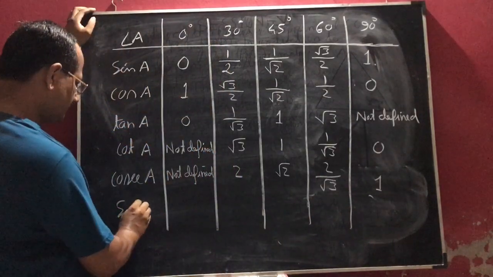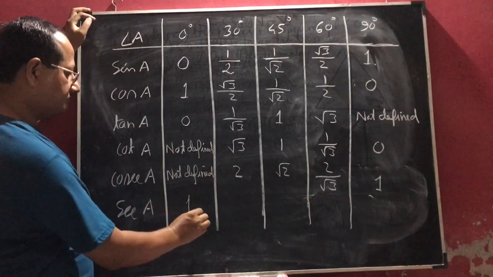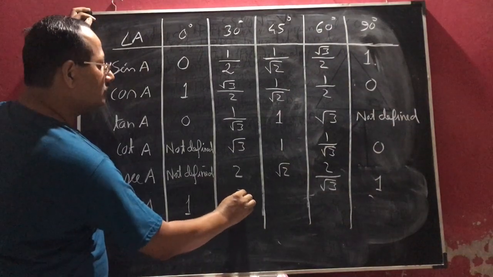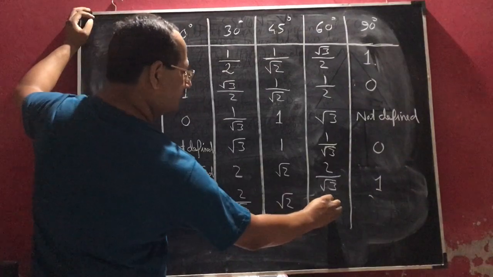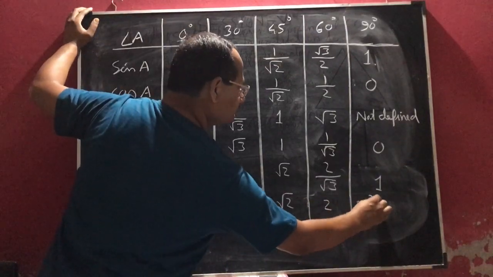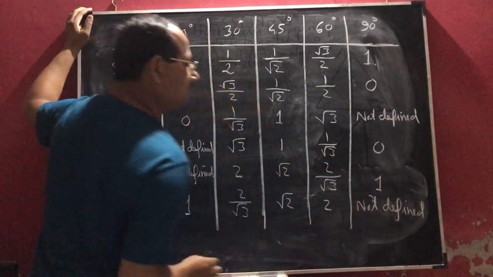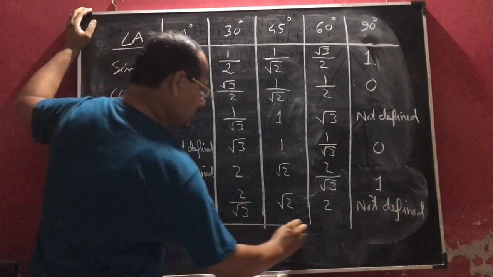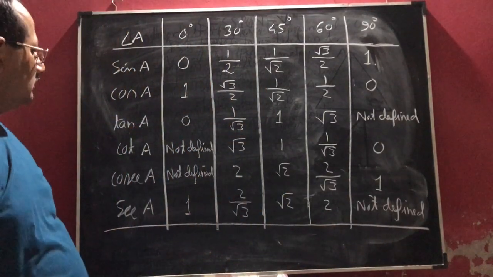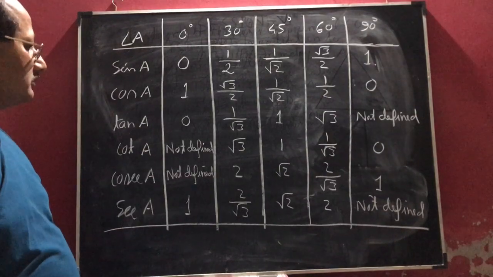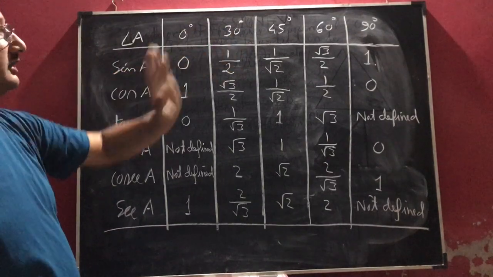Sec A: sec 0 is 1, sec 30 is 2 by root 3, sec 45 is root 2, sec 60 is 2, sec 90 is not defined. This is the table. You have to remember this table, and also remember the values of all six trigonometric ratios of the different angles 0 degree, 30 degree, 45 degree, 60 degree and 90 degree.